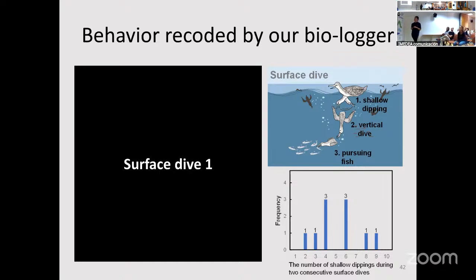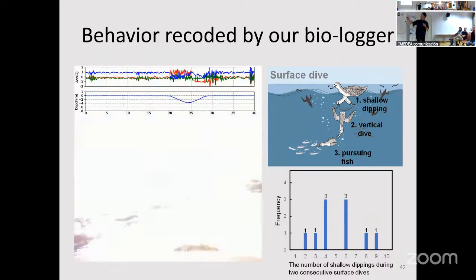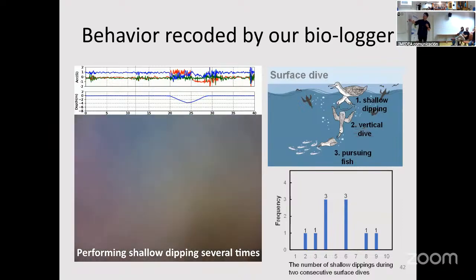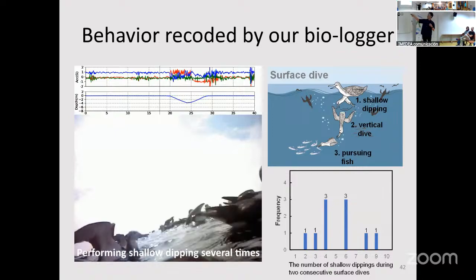And so this is a video collected during a specific type of foraging behavior. Now it is on the sea surface, and then dips several times, like in this figure.